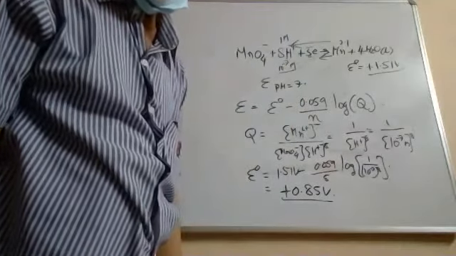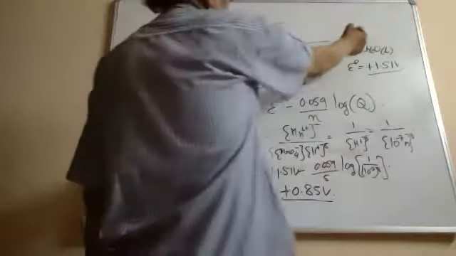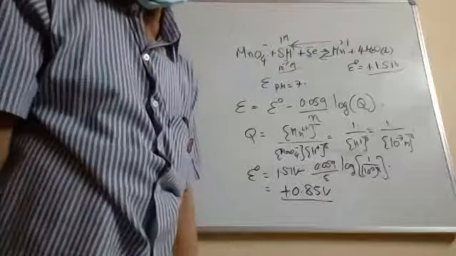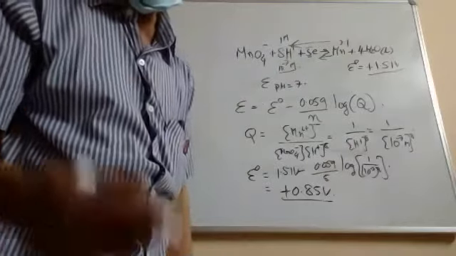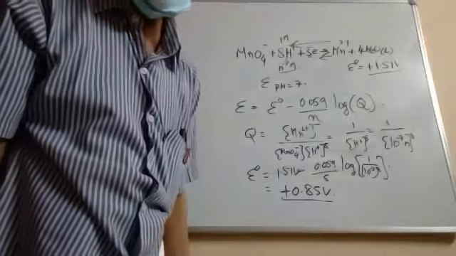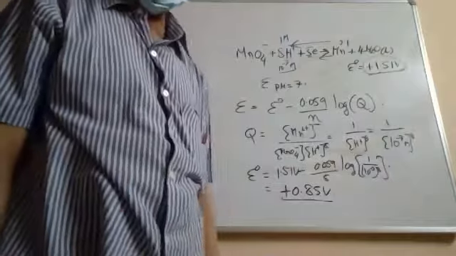Correct? That's how it maintains the equilibrium constant. So when it moves from right to left, the reaction is not spontaneous in the way it's written. Because now it is reactant favored, not product favored. So for that reason, the value 1.51 will take a hit and come down to plus 0.89.